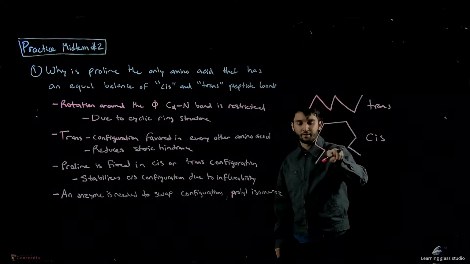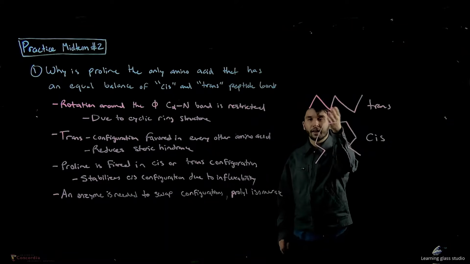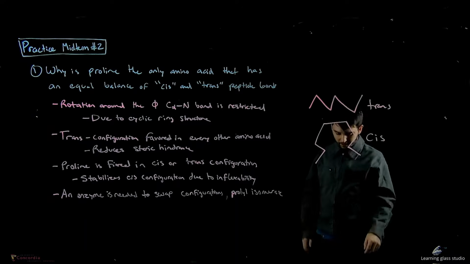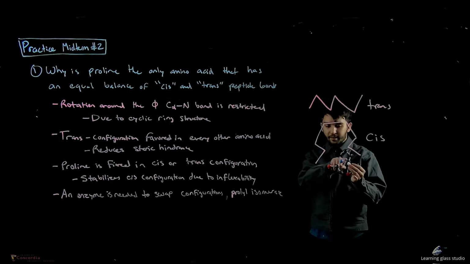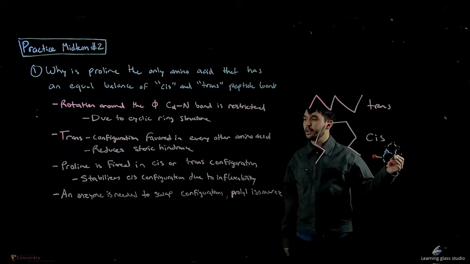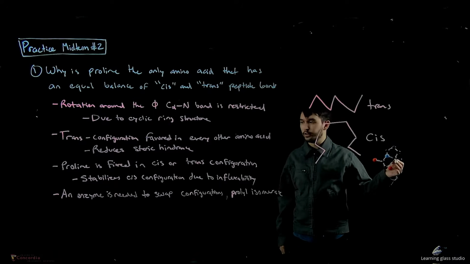The cis would have these clashes here, while the trans has fewer clashes. Normally the trans is favored for pretty much every other amino acid, but for proline, because of this cyclic R group here, the cis configuration can be favored because proline is fixed in this configuration.